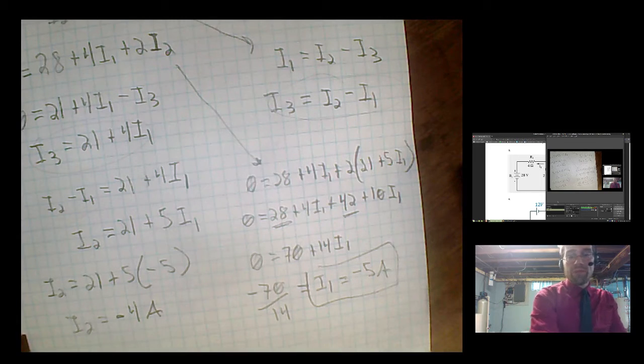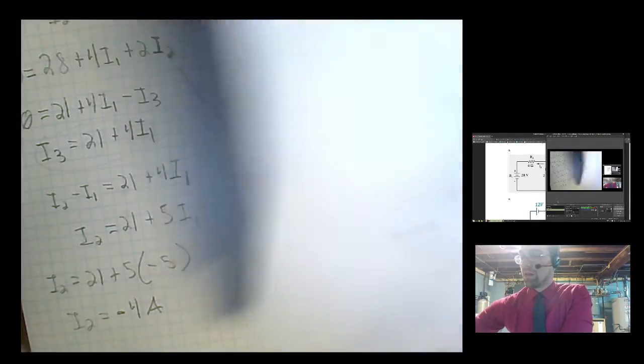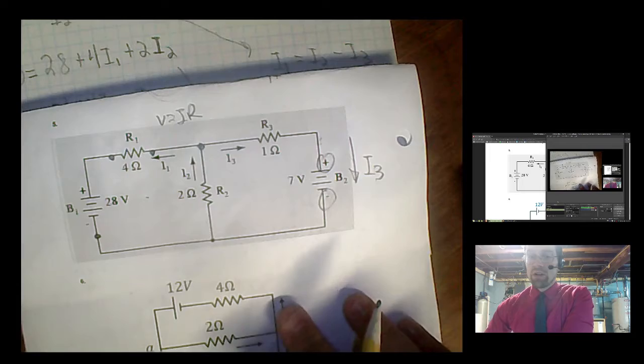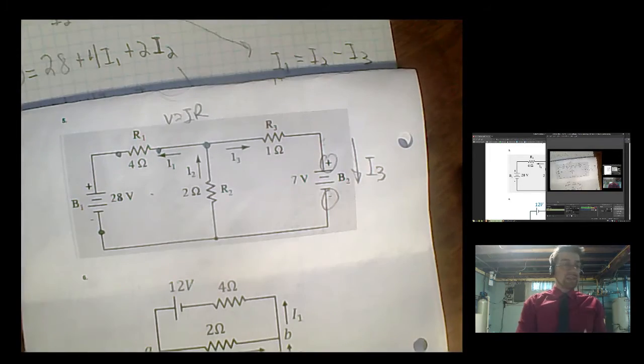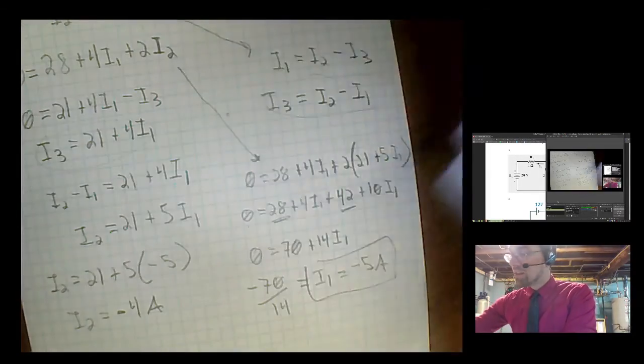We like it? So I2 is also backwards, which we said made sense. But we just wanted to use their assumed currents, which is fine. I think that was probably the point of this exercise here.